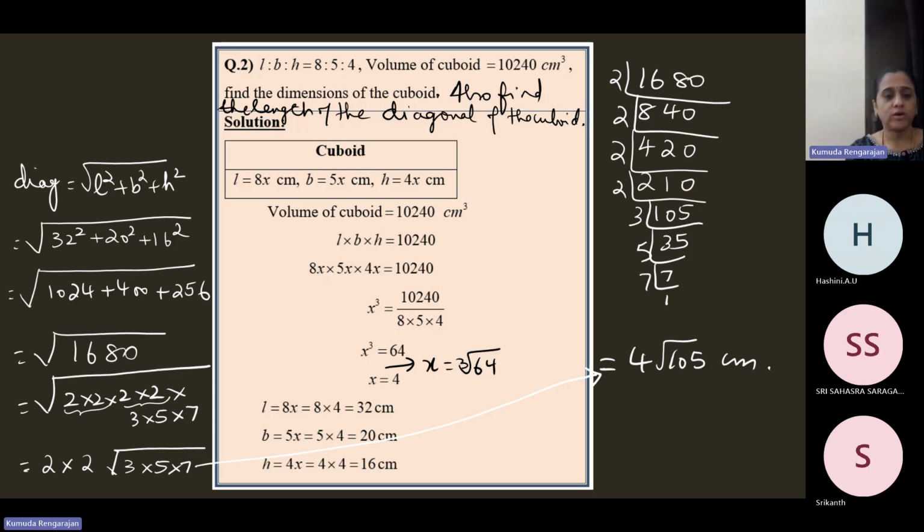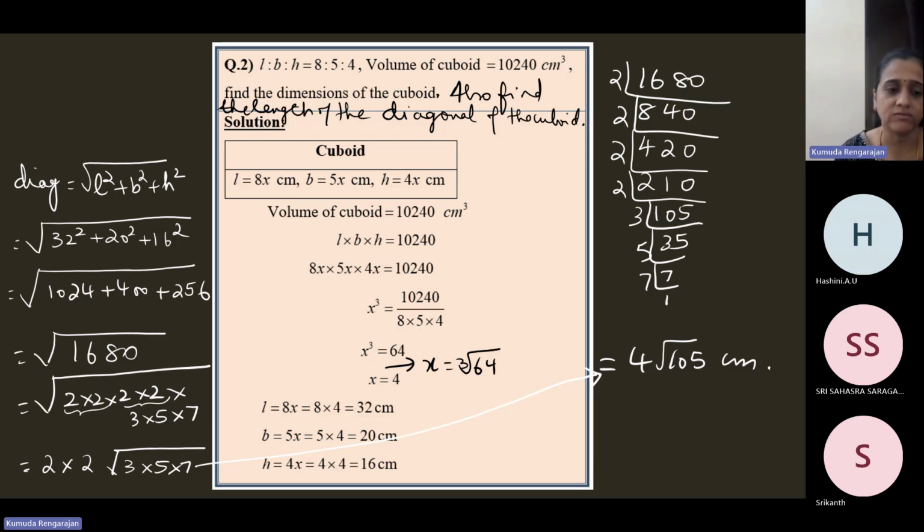So you get square root of 1680. You need to find the prime factors. So it's 2 into 2, 2 into 2, into 3 into 5 into 7. From two 2's, one 2 comes out. From another two 2's, one 2 comes out. 3, 5 and 7 don't have a pair, so they remain under the square root.